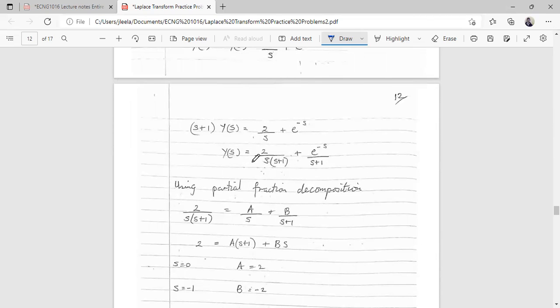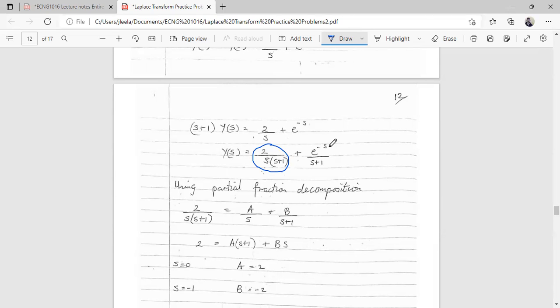Right? Now, to evaluate this part here, we need to use the partial fraction decomposition. So 2 over s times (s plus 1) is A over s plus B over s plus 1. So when we multiply by s plus 1, we'll get 2 is equal to A times (s plus 1) plus Bs.